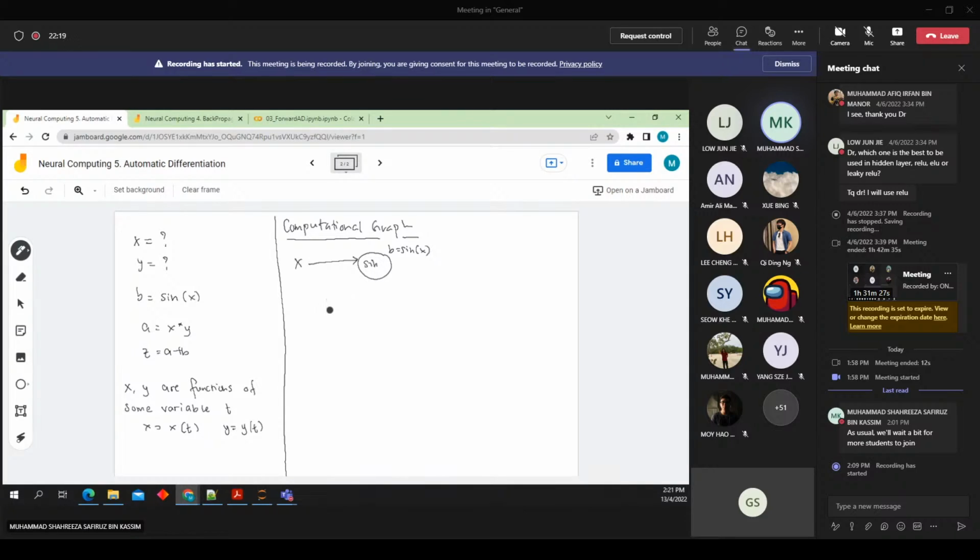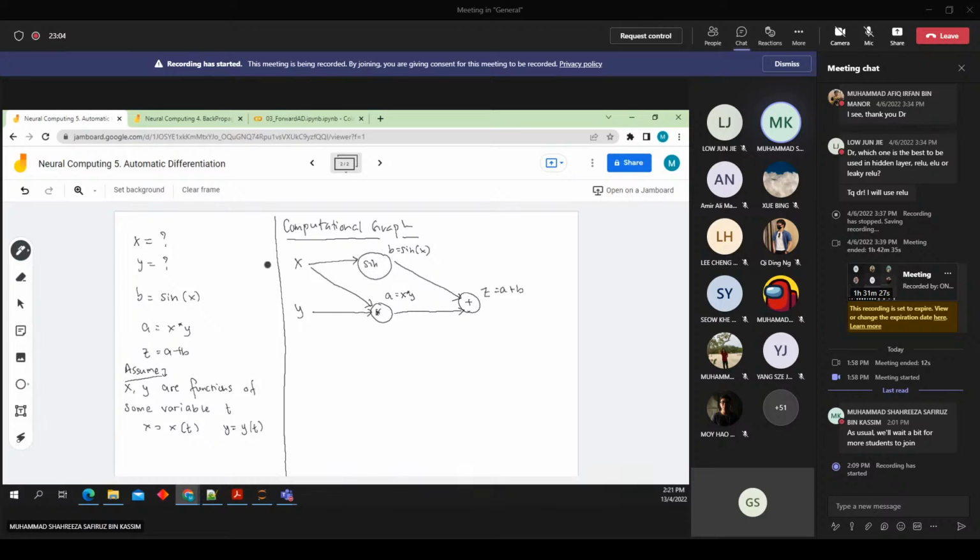Then you have y here, and the multiplication, so this is a equals xy. Then you have the addition, which is z equals a plus b. This is our assumption: x and y are functions of some variable t.